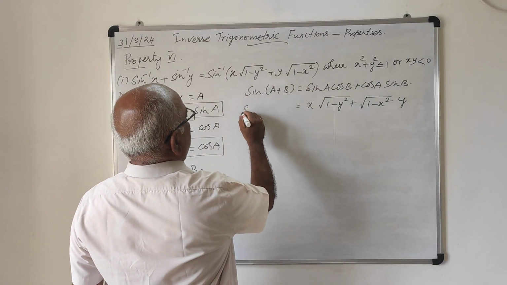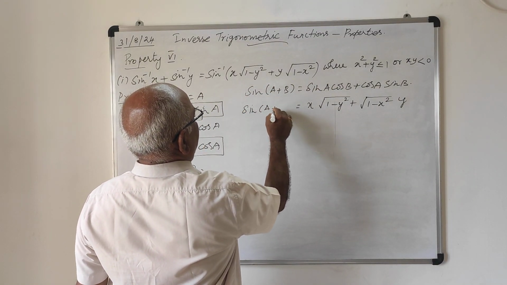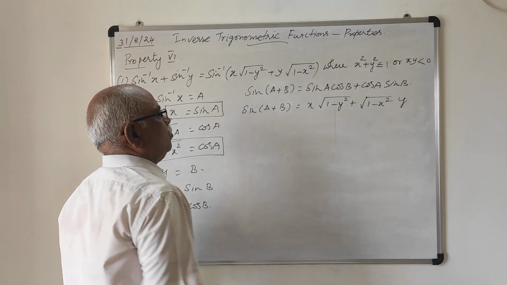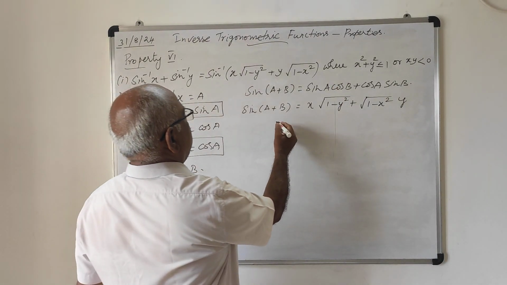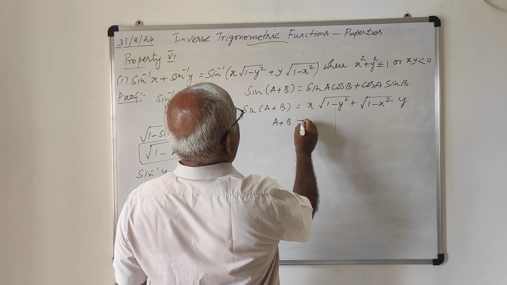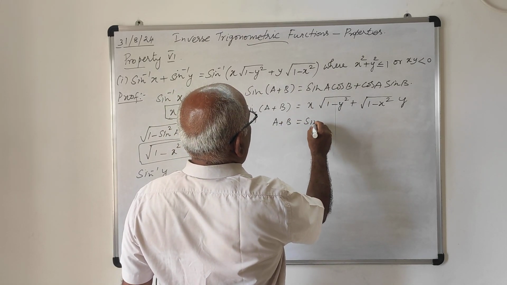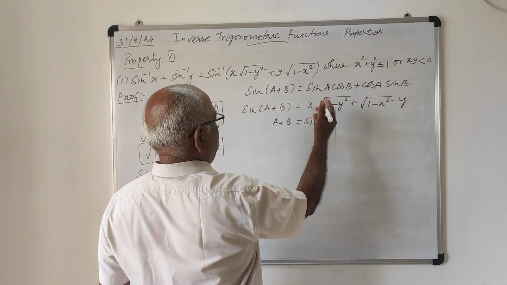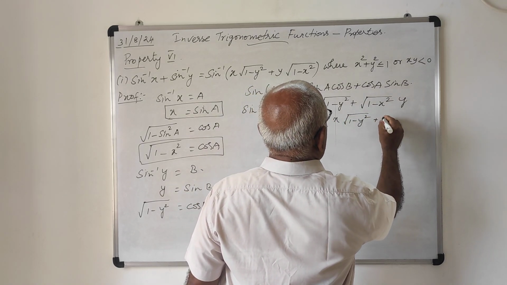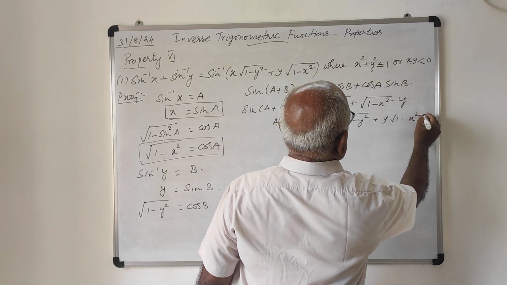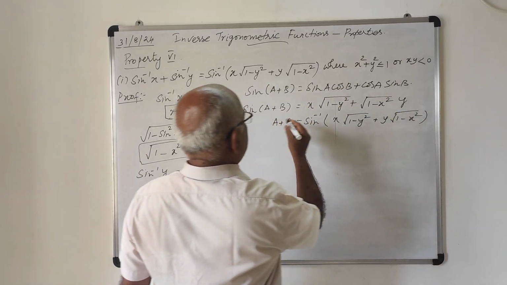So sin of A plus b equals x into root of 1 minus y square plus y into root of 1 minus x square. And A plus b is sin inverse of x into root of 1 minus y square plus y into root of 1 minus x square. So this is the first result.